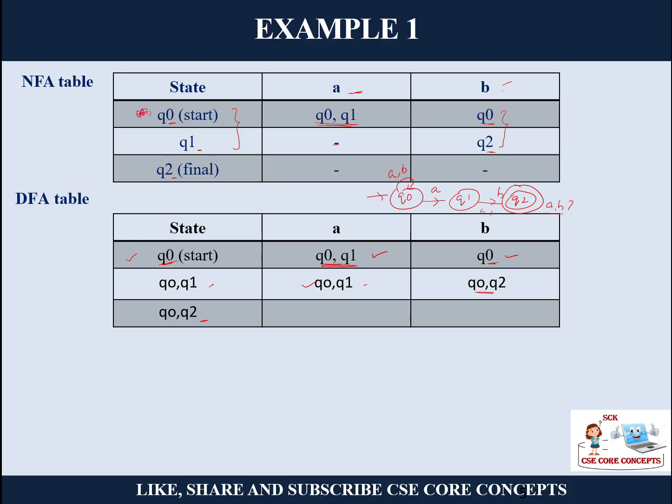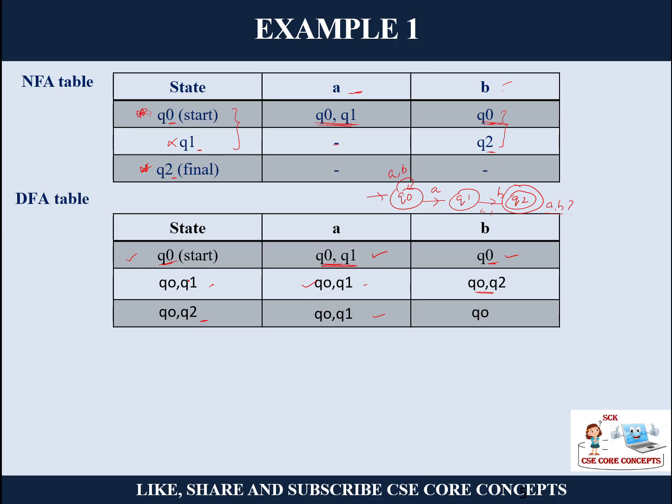Q0, Q2 gives rise to the state Q0, Q1 on A, and on B it is only Q0, because the other is null.